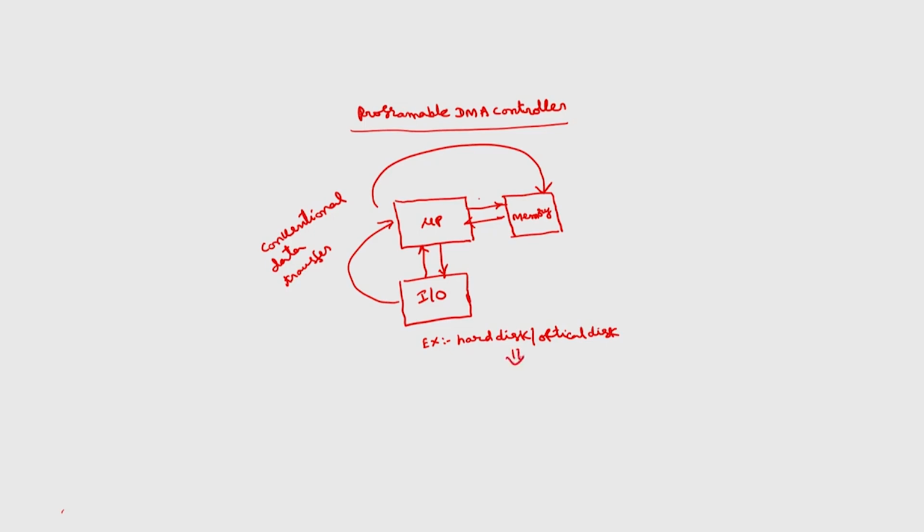In conventional data transfer, the data is transferred from I/O to memory through program instructions, that is, software.